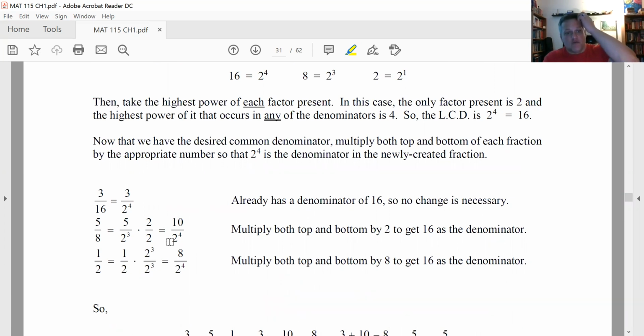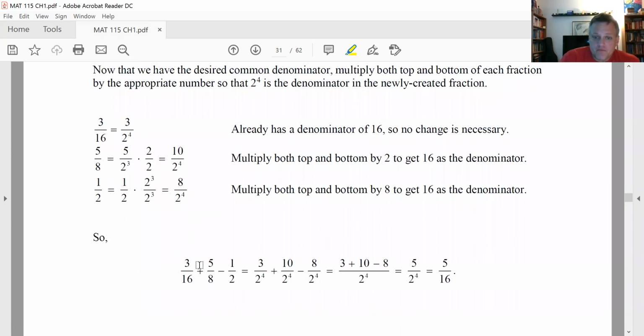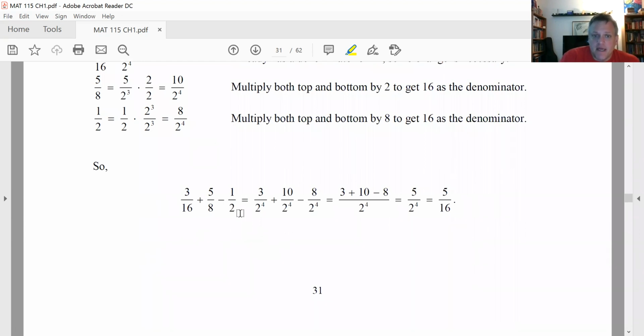That gives me 10 over 2 to the 4th. So 10/16 is equivalent to 5/8. And then similarly here for 1/2, I need to multiply top and bottom by 8 to get an equivalent fraction. All right, and so this original expression is equivalent to this one. So these are all fractions now with the same denominator.